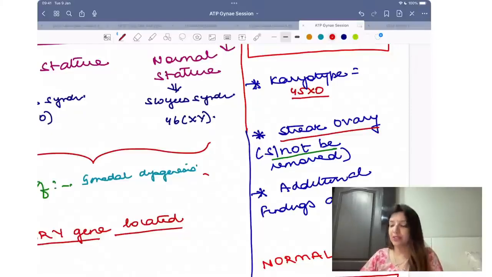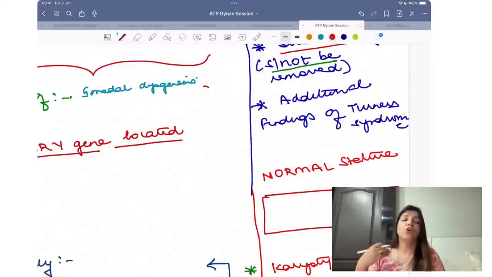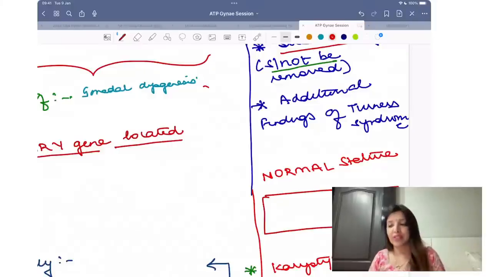Besides this, in these patients you are going to get additional findings of Turner syndrome. What are the additional findings? In pathology you have read webbing of neck, low posterior hairline, shield-shaped chest, heart problems, then diabetes, Hashimoto's thyroiditis. Aditya, streak ovaries means the ovaries are not developed properly. Both X chromosomes are required for proper development of the ovary.